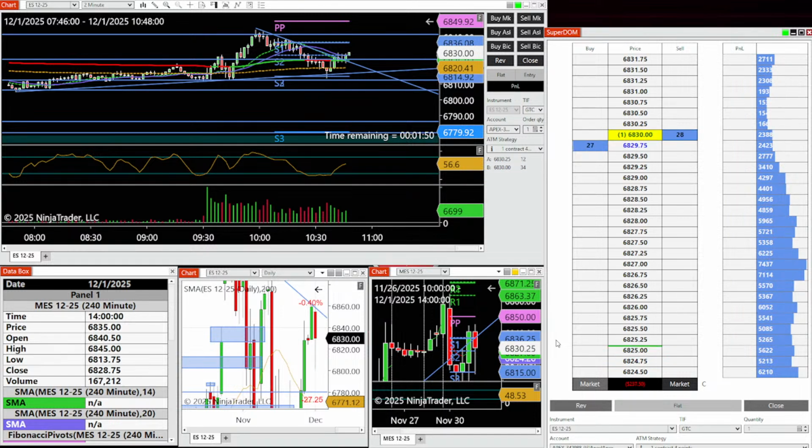Making these longs look good. 30 to 34, 33. 36.